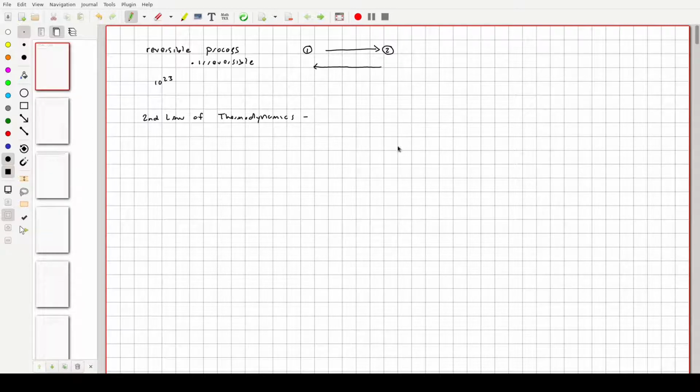So, the first definition we're going to start with is this one, and that's that heat never spontaneously flows from cold to hot.